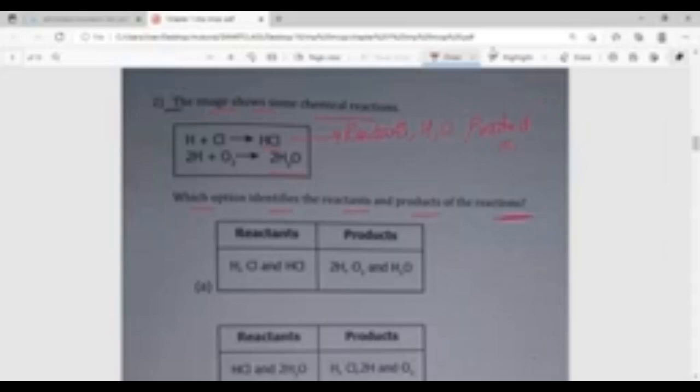is HCl. In this particular case, my dear students, we have reactants H and O2, and then, my dear students, we have product H2O.